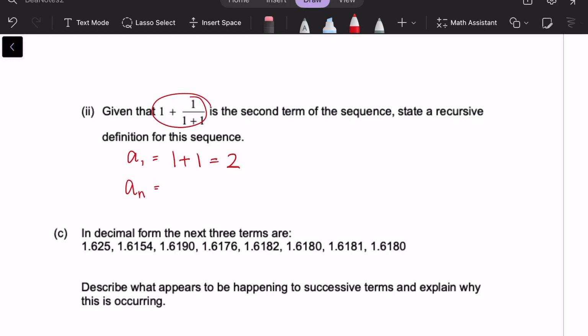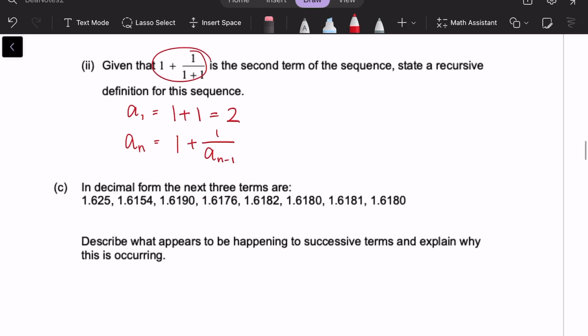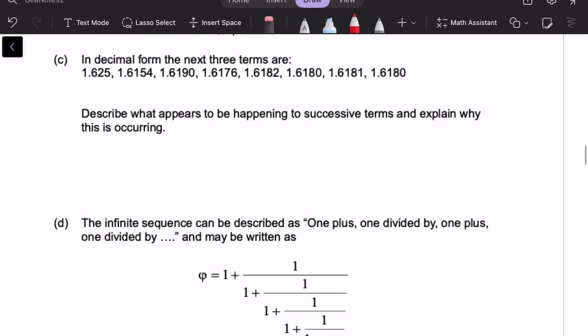Now for the recursive definition, A_n equals... How are we going to mathematically explain the pattern that we identified? Every term is going to be equal to 1 plus 1 over the term before it. We're going to call it A_(n-1) because it's the term before A_n. And that's it. That's our recursive definition done.